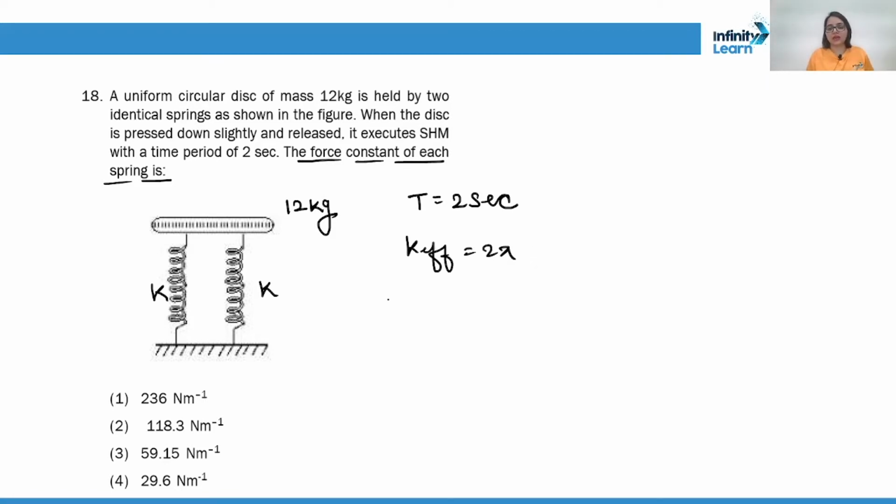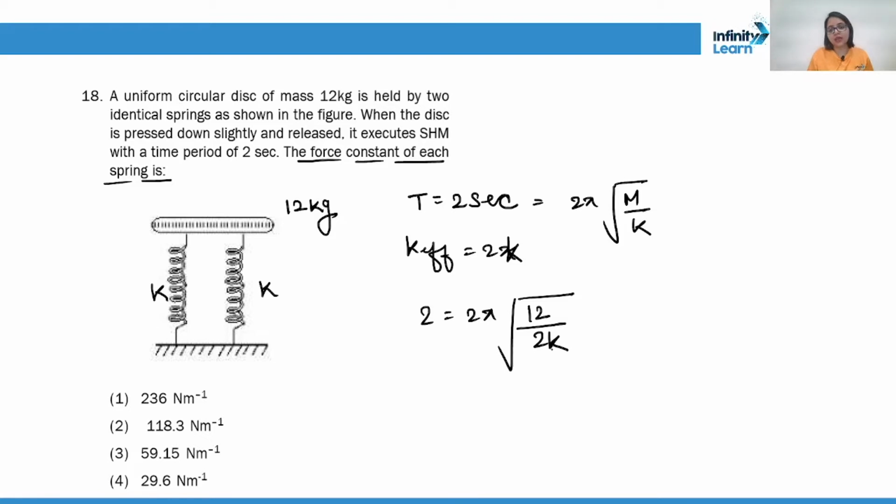Time period of a spring block system is 2 pi under root m upon k, right? So over here 2 seconds is equal to 2 pi under root m, where m is 12 kilogram and k effective is 2k. If you square this value, you will get 1 upon pi square is equal to 12 upon 2k. So k will be 12 pi square divided by 2, and this is 6 pi square, right? So it is approximately 60. So the nearest option is option 3, 59.15 Newton per meter.